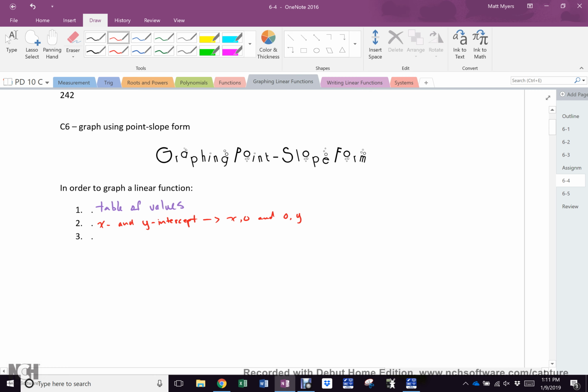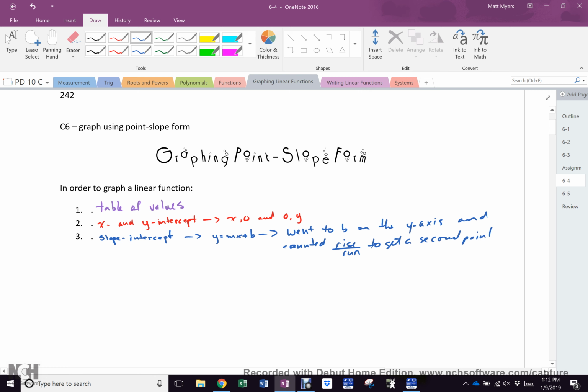Then I gave you a third way to do it, which was slope-intercept, which was this form, y equals mx plus b. And in that form, you went to b on the y-axis and counted rise over run to get a second point.